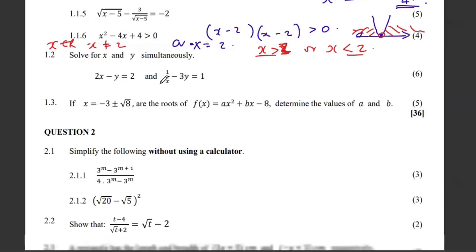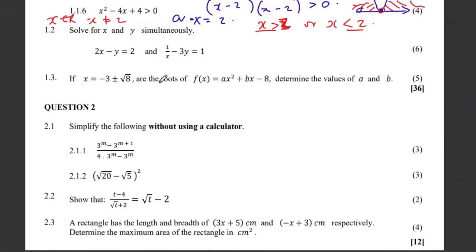Okay, and then 1.2, solve for x and y simultaneously. So from the first equation, equation 2, I'll make y the subject, move it that side, meaning that y is going to be 2x minus 2. Call this equation 3.